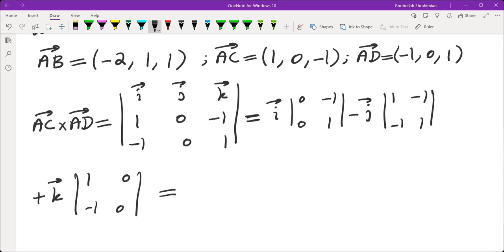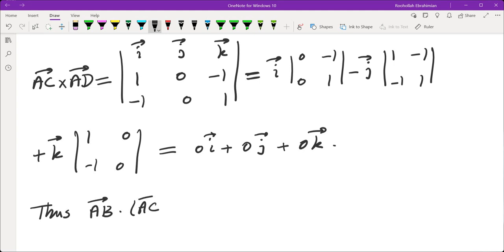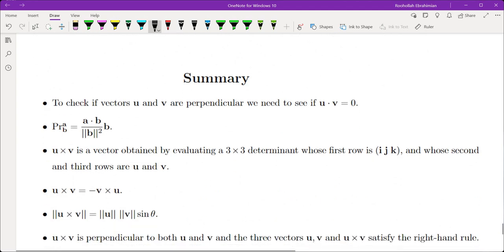If we evaluate this, we get 0i plus 0j plus 0k. So this is in fact going to be 0, which means the dot product is also 0. So AB dot AC cross AD is 0, and that tells us that the four points lie on the same plane.